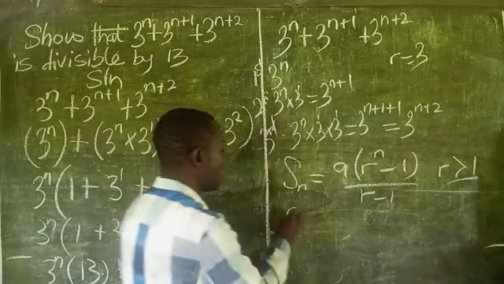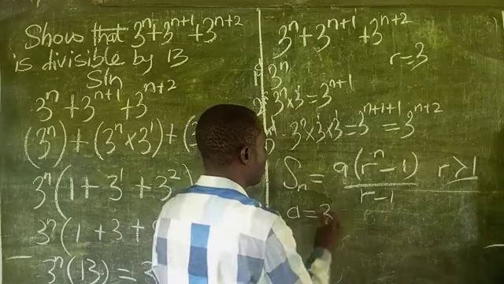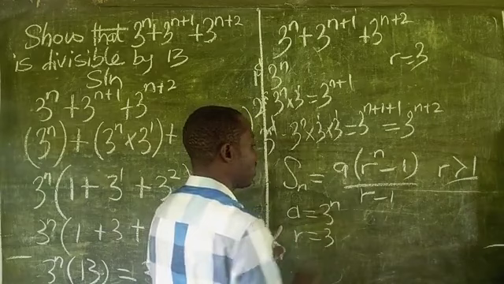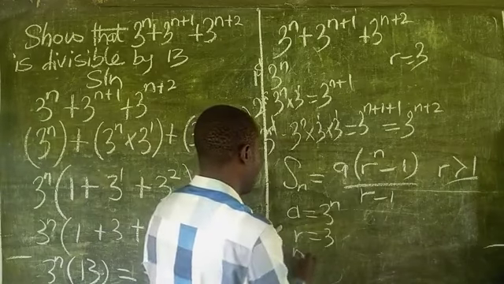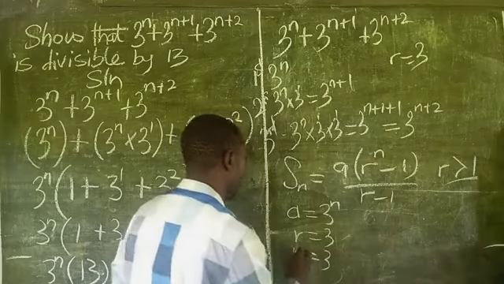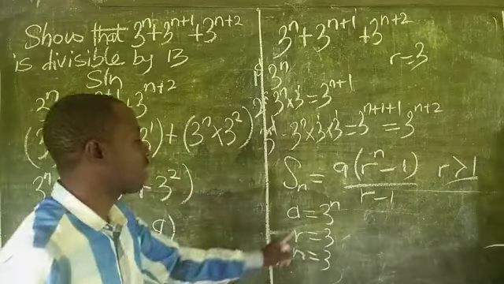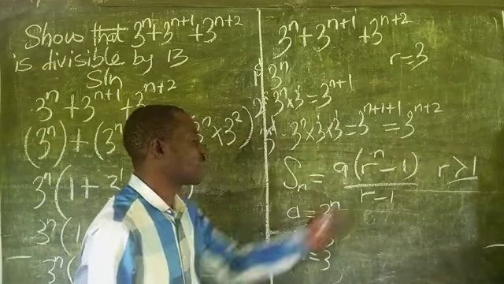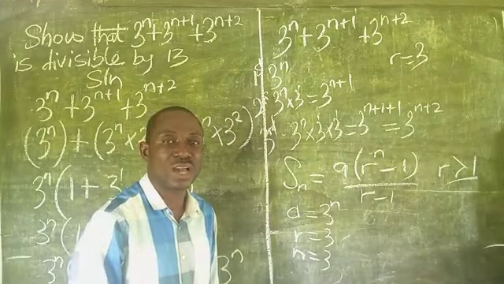And our A, our first term, is 3 raised to power n. Our R is 3, and our n is 3, the number of terms. So if we have each of them represented, we can fix them in the equation to see how it looks.